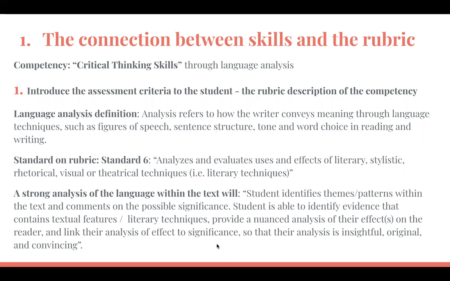So the student is able to identify evidence that contains textual features, literary techniques, and the effect on the reader, and link their analysis of effect to significance, so that their analysis is insightful, original, and convincing. Original is just that it's their own words, their own analysis of the text that they are looking at.